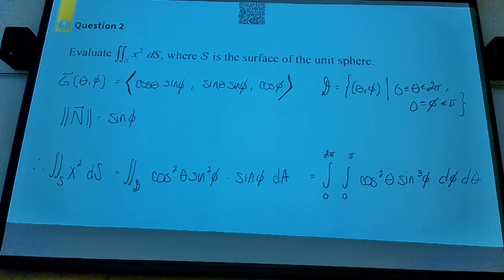We're integrating 0 to 2 pi, 0 to pi, d phi d theta. Just plug that into a calculator.